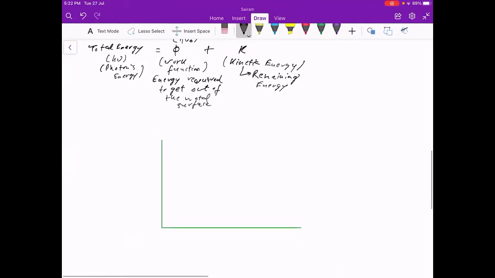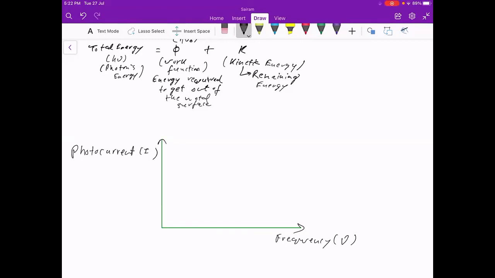So there is a graph between photocurrent, that is I, and frequency of light, that is nu. So the graph is actually a straight line.